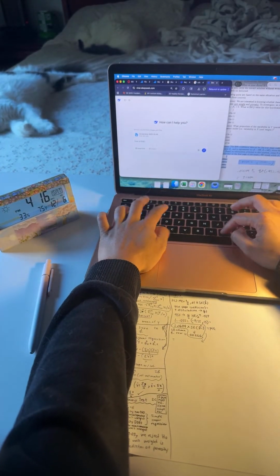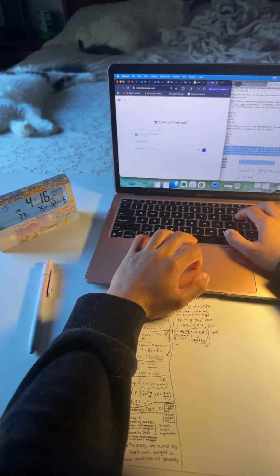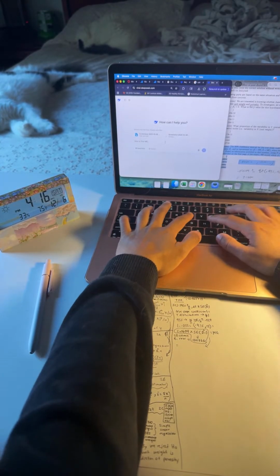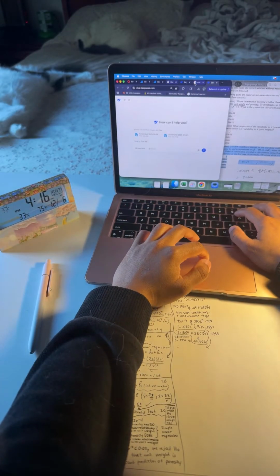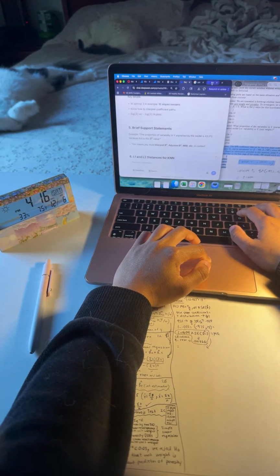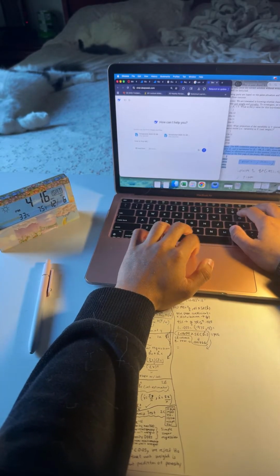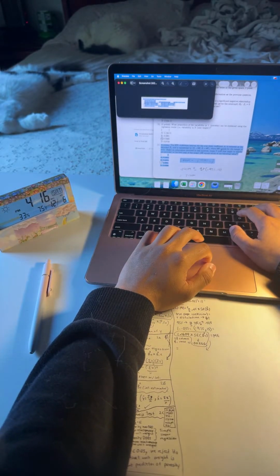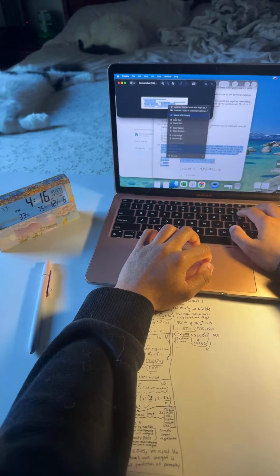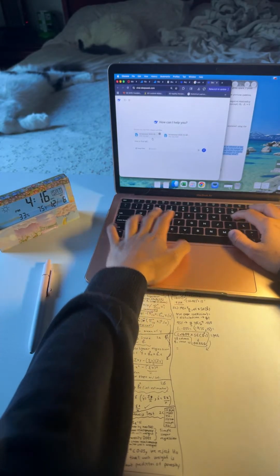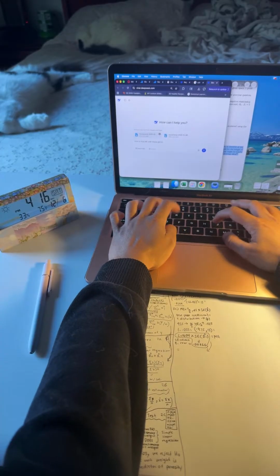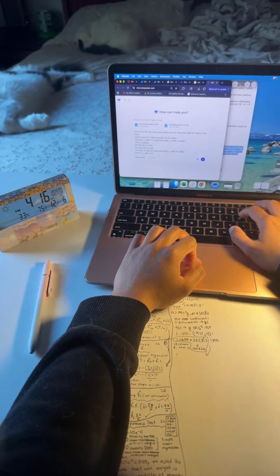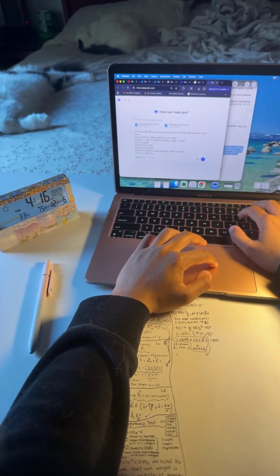How to find... Would these give values? Oh, maybe this one was wrong.